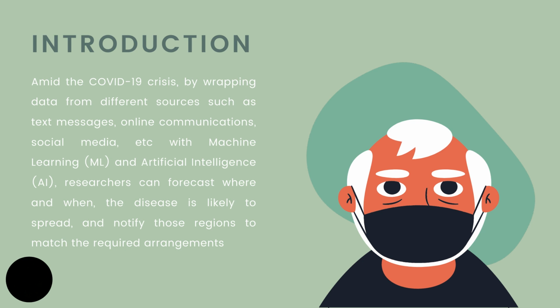So we can graph all of this data and use it with machine learning or artificial intelligence, and we can forecast where and when the disease is likely to spread, and notify those regions to make the required arrangements. Travel history of infected subjects can be tracked automatically, and we can know how bad the situation can be, to have some method to prevent it.